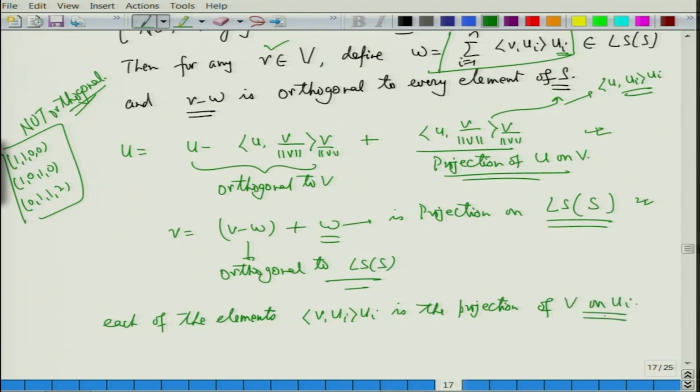Is that okay? So I am adding all the projections and then getting the vector w. I am just writing a component of this part as this, which I wrote as w here, and which is orthogonal to it.